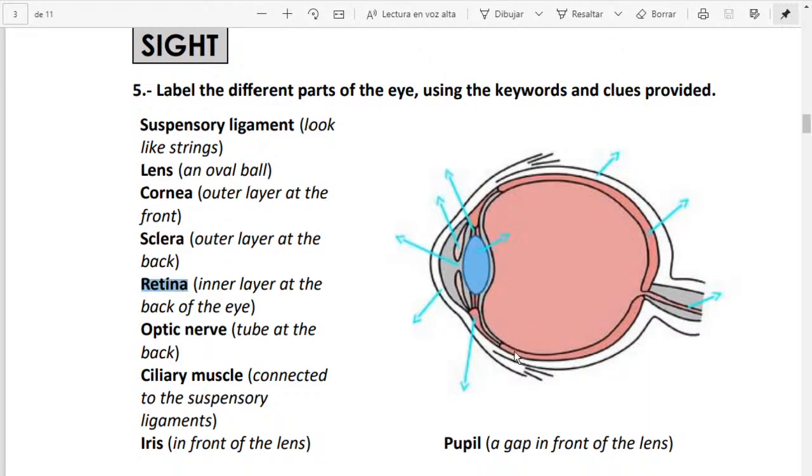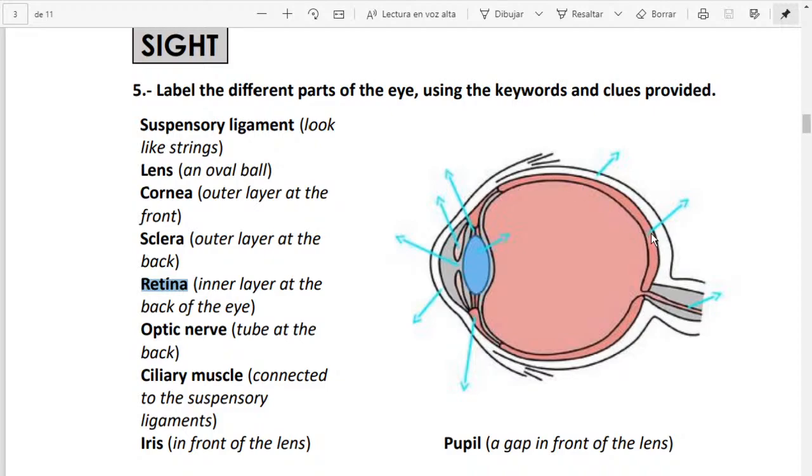Remember, the retina has two different kinds of nerve cells, rods and cones.